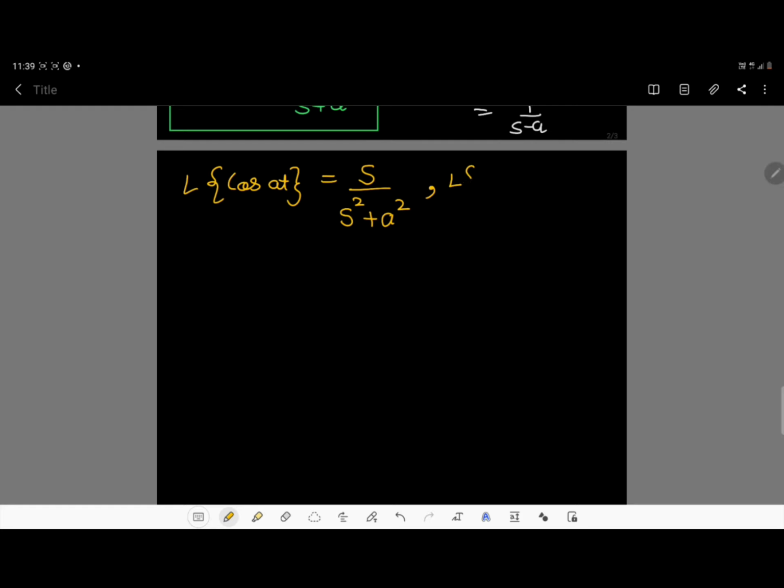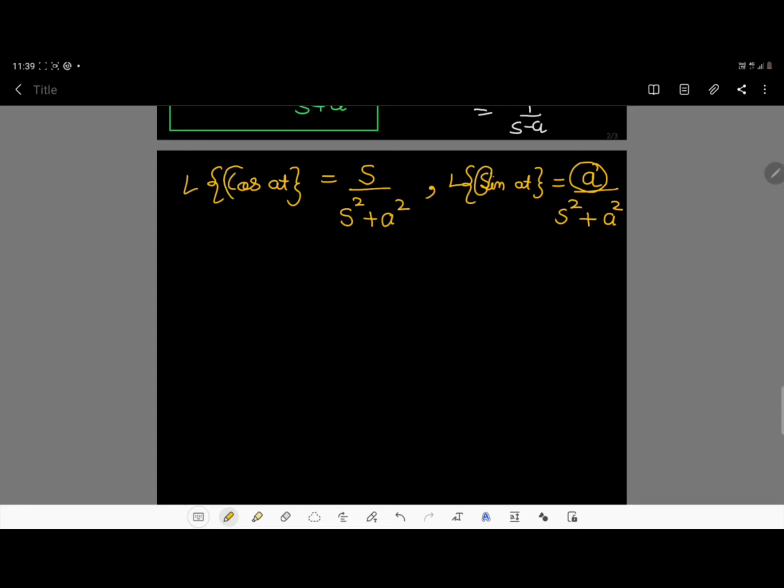And the Laplace transform of sine at is equal to a upon, similarly, s square plus a square. Keep in mind the difference between the formulas of sine and cos: whenever s is in the numerator for one, then s will not be in the other, and the constant a will be there.